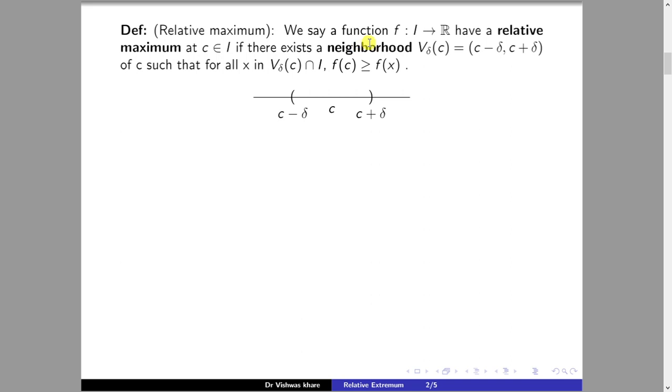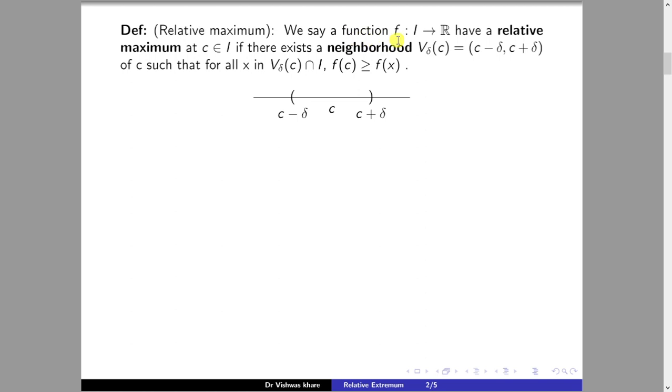We say a function f from interval I to R has a relative maximum at c belonging to I if there exists a neighborhood V_delta(c), which is the open interval (c minus delta, c plus delta), such that for all x in V_delta(c) intersection I, f(c) is greater than or equal to f(x).